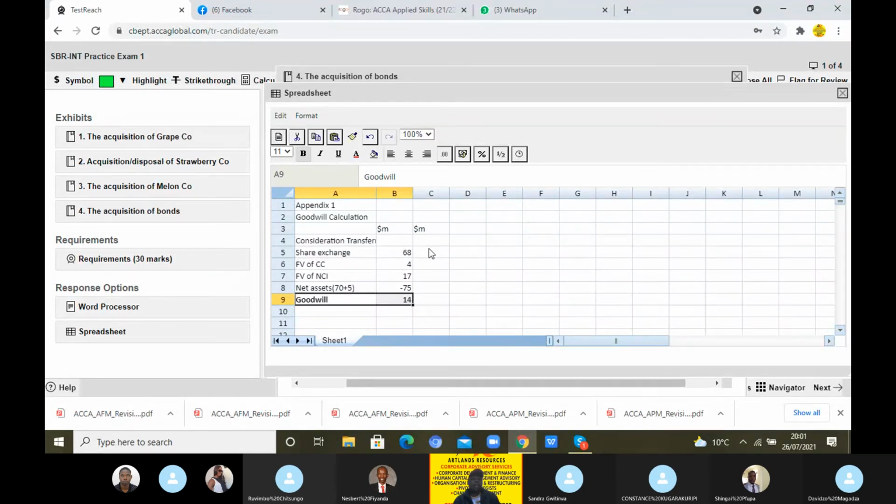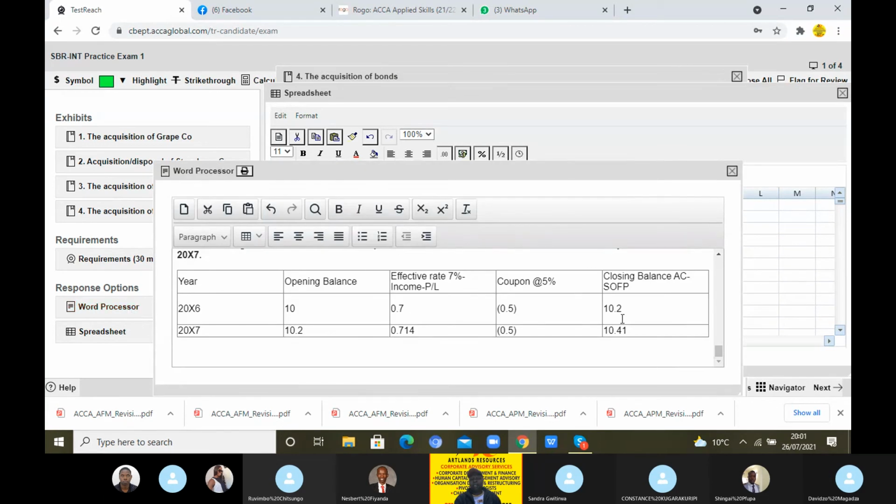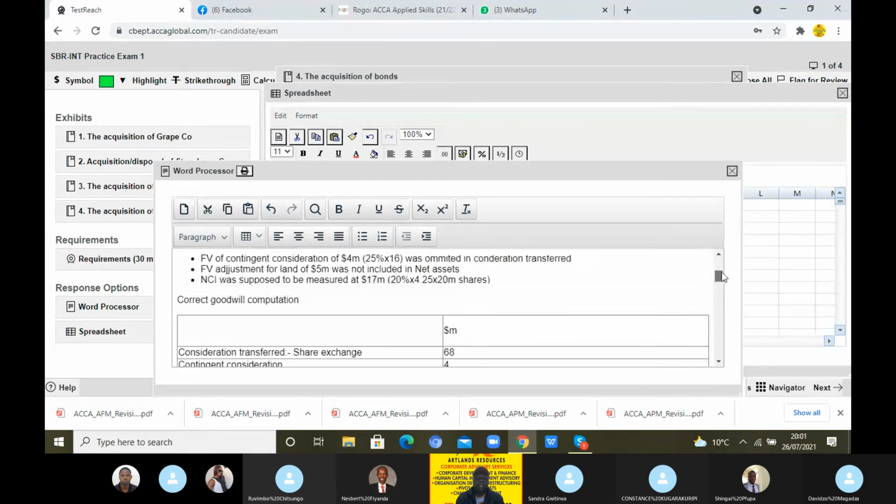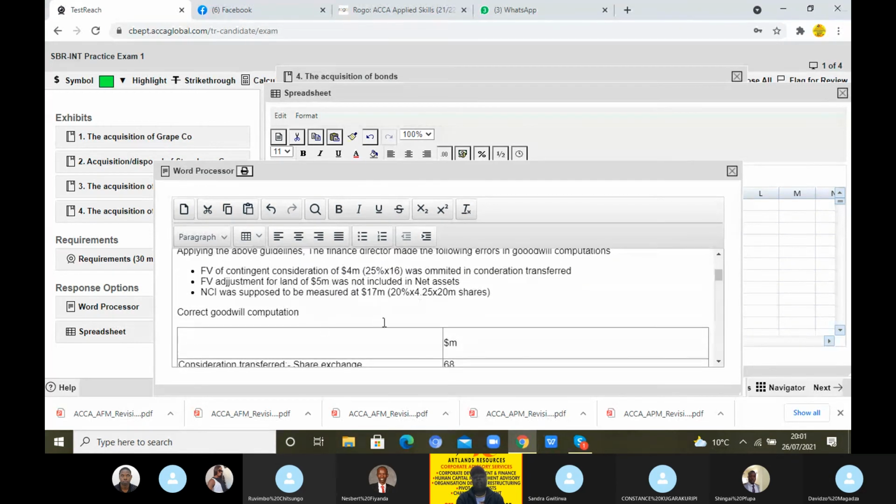Now, suppose I had calculated my workings on spreadsheet like this, and I was doing my typing on word processor. So here, where I said goodwill is calculated as follows, this part here, where I said goodwill calculation, it will not be there.